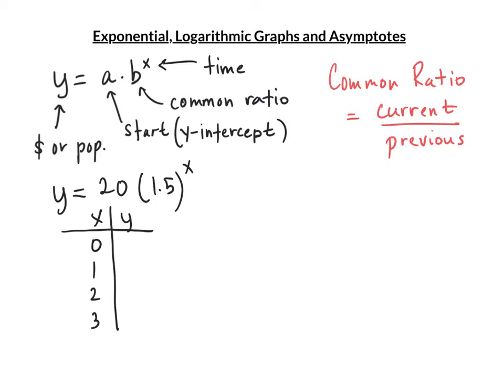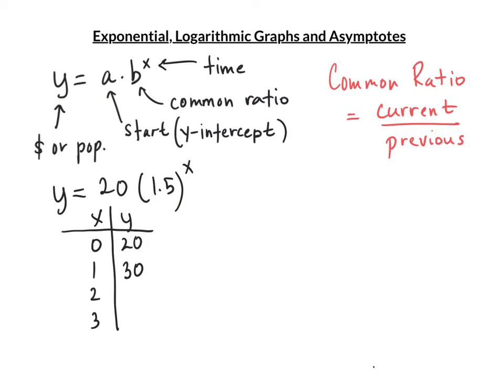Let's build a table on this exponential equation. Notice if I plug in x is 0, 1.5 to the 0th power is 1 because anything to the 0th power is 1. And 20 times 1 is 20. When I plug in 1, 20 times 1.5 to the first is 20 times 1.5, that's 30.